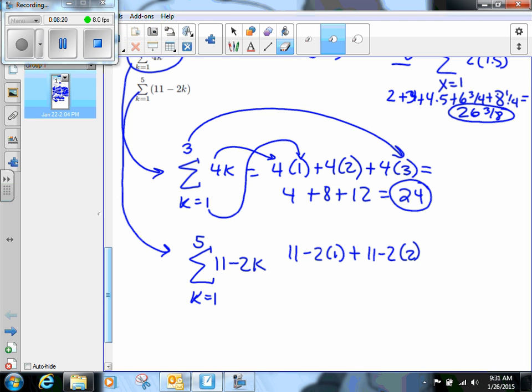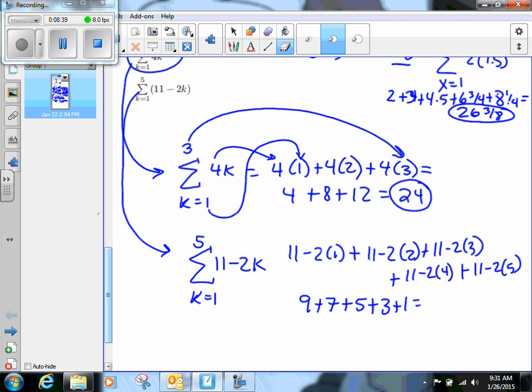So plus 11 minus 2 times 3, plus 11 minus 2 times 4, plus 11 minus 2 times 5. And when I simplify each of those things, I have 9 plus 7 plus 5 plus 3 plus 1, and that equals 25. So these are how you would do these in non-calculator steps.